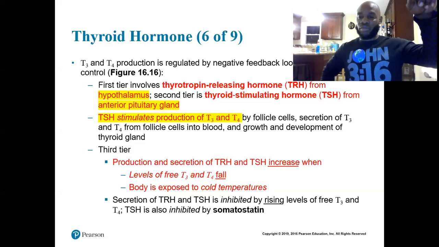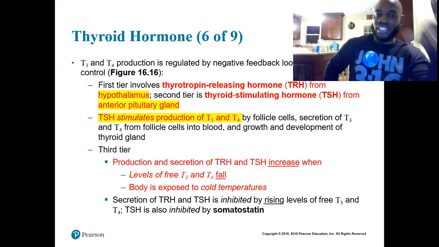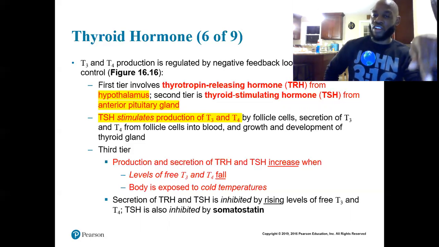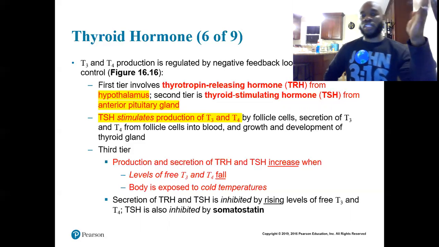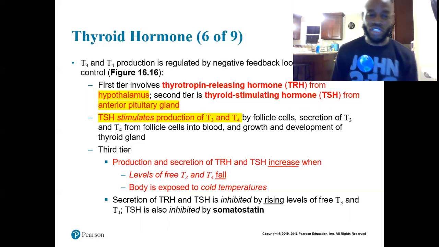So the hypothalamus releases TRH, causes the anterior pituitary to release TSH, and the TSH stimulates the production of T3 and T4 by the follicle cells, which are at the thyroid.